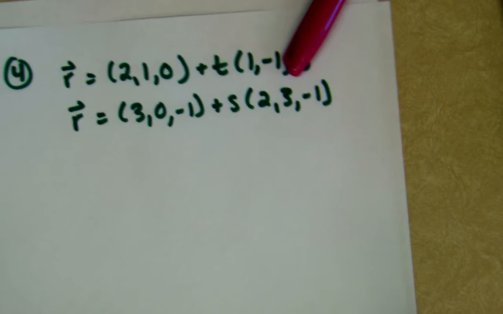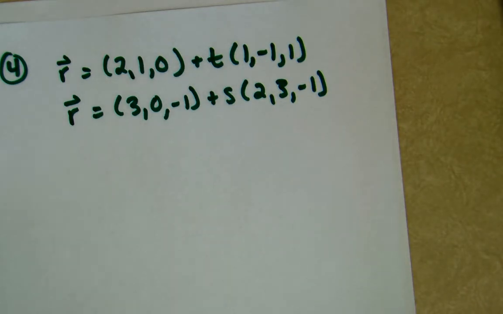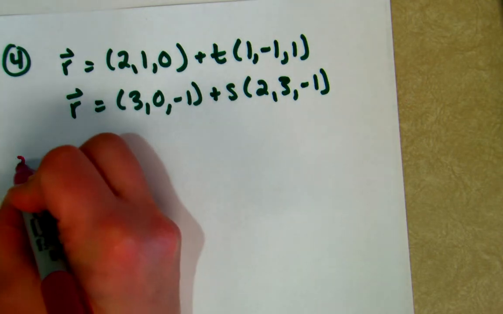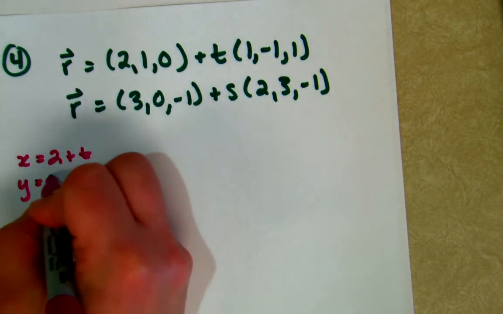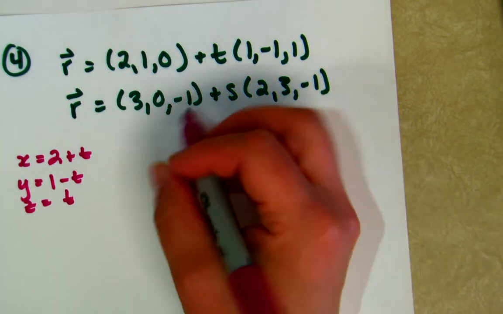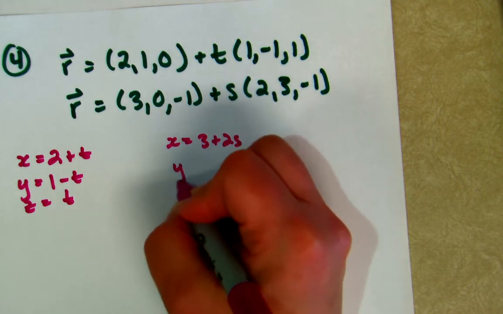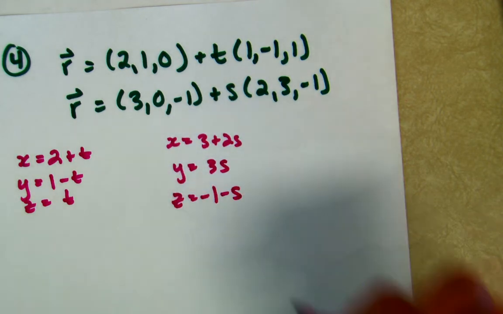So let's do one more in 3 dimensions. And this time it's given to us in vector form, so I actually have to go through and make up the parametric equations. So x equals 2 plus t, y equals 1 minus t, z equals t, and x equals 3 plus 2s, y equals 3s, and z equals negative 1 minus s.